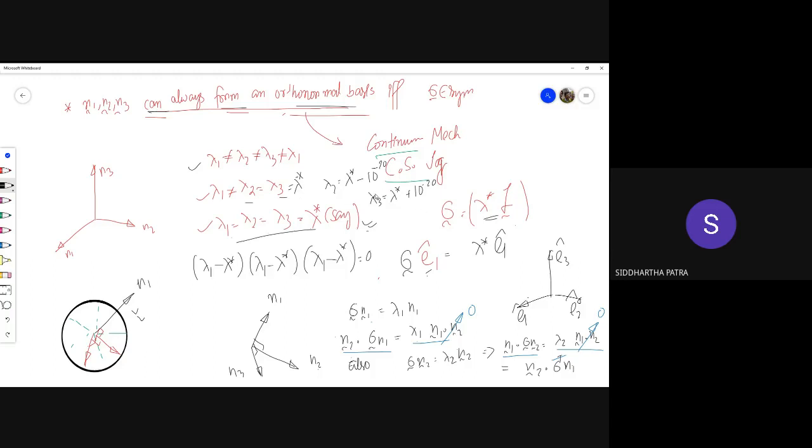If I just imagine a situation where there is an infinitesimal difference between lambda 2 and lambda 3, there also you are going to get an orthonormal basis. That also implies that when in the limit this goes to 0, you are going to get an orthonormal basis. May not be unique, but you still get one.